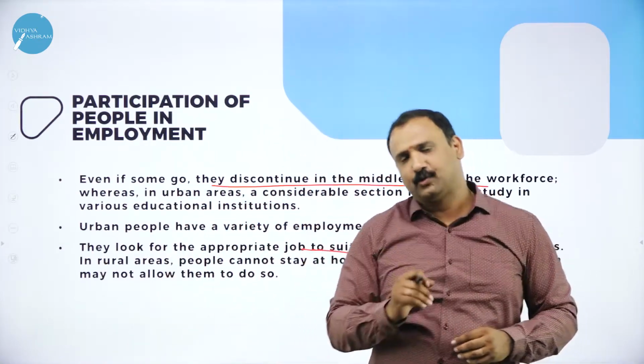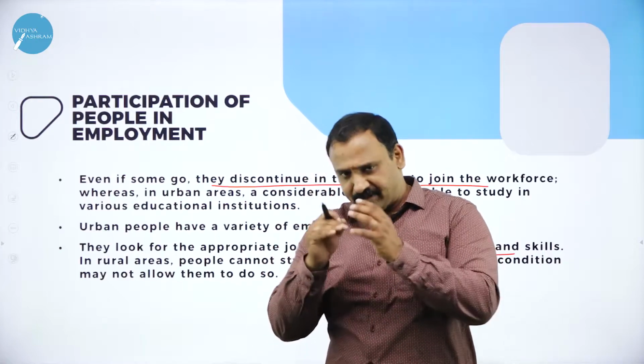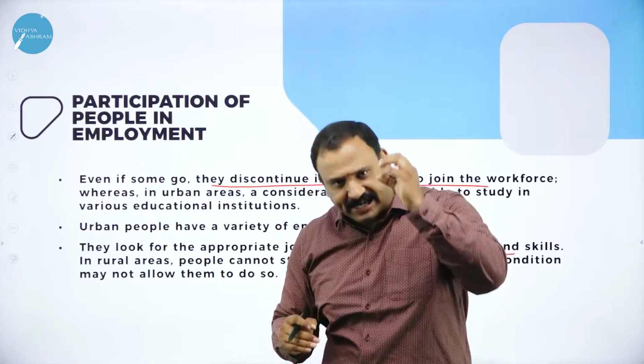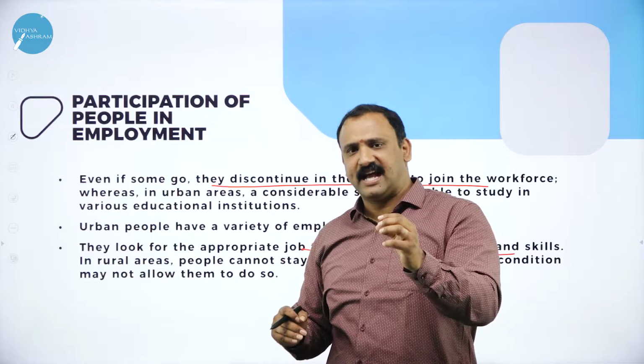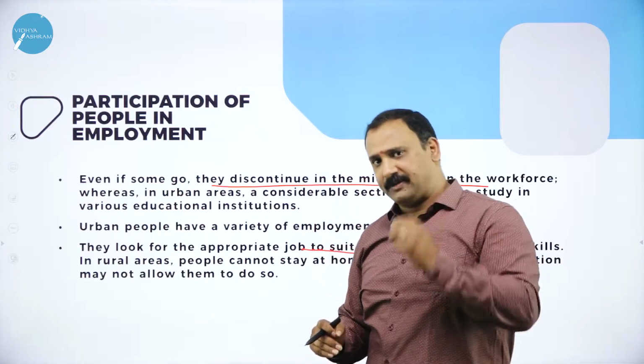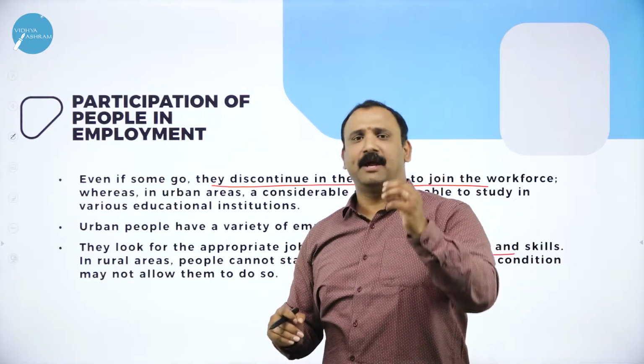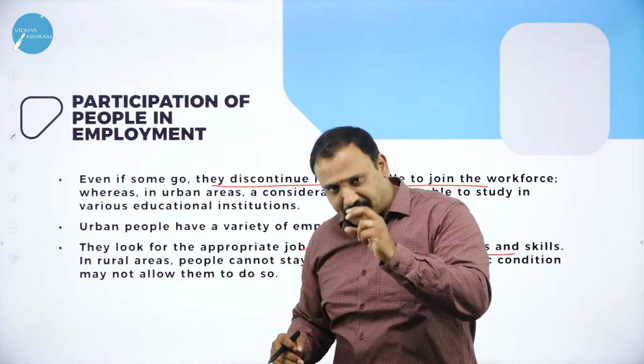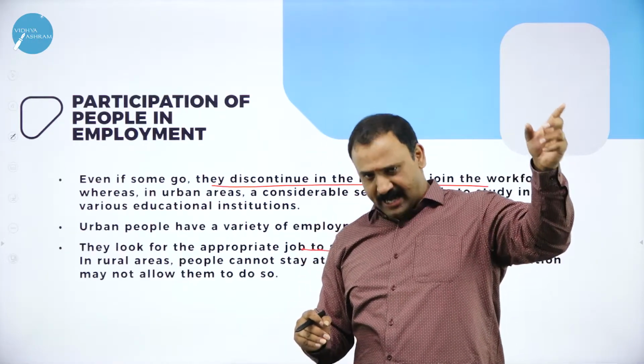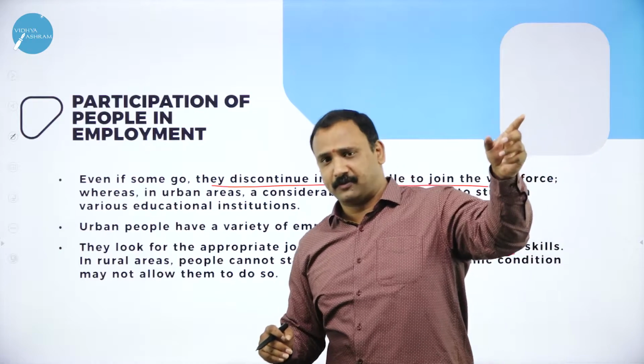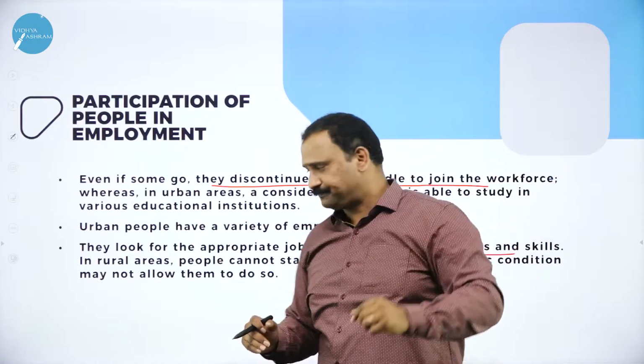Many people in the rural sector give up farming, give up agriculture, give up their native skills. The reason is that that is not the right kind of job they are looking for. They are not satisfied by what they are doing. So they tend to migrate to urban cities and try to find jobs which are reasonable and suitable for them.